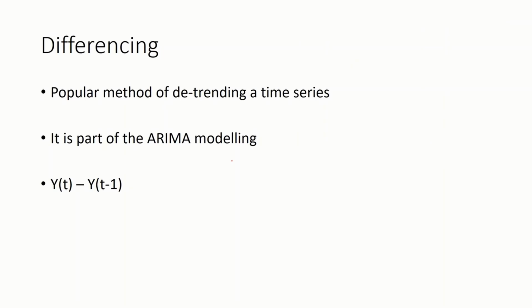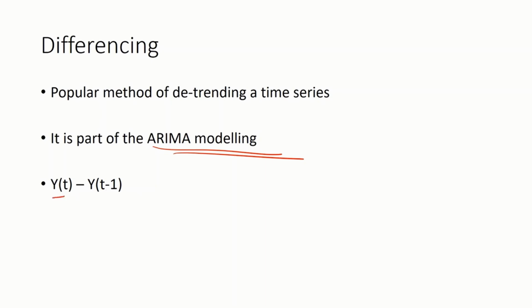There is another popular detrending method which is called differencing. It's a very popular method in time series modeling. It's in fact part of ARIMA modeling. It's very simple. It's basically subtracting the lag of the series from the series.